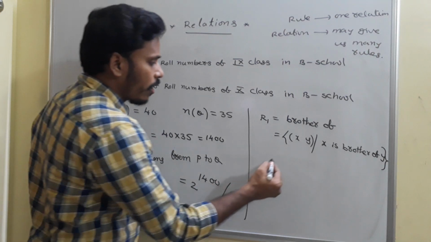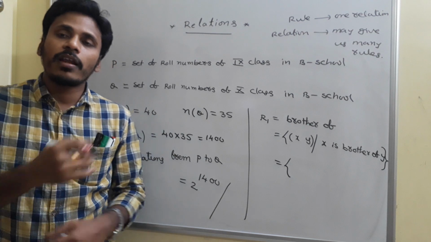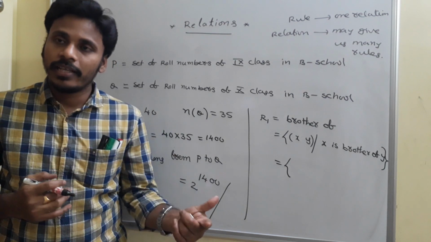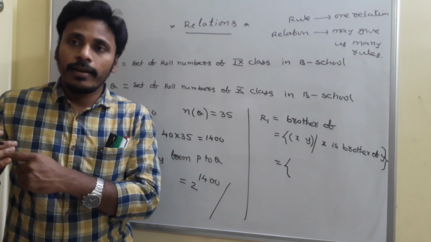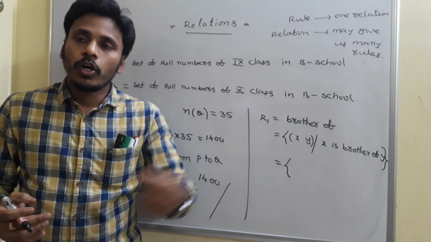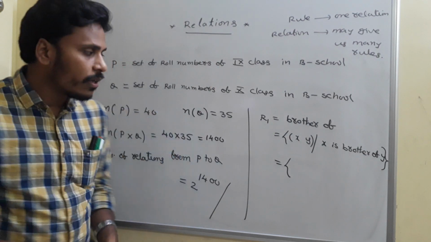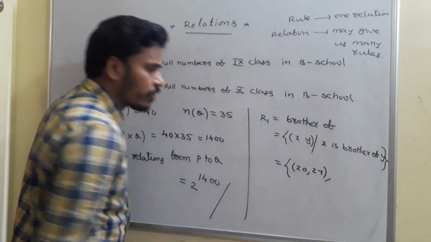And you need to think, here I don't have to write the elements. For suppose you think whether there are any brothers in 9th class and 10th class, you need to collect all those ordered pairs. For suppose roll number 20 of the 9th class is a brother of roll number 27 of 10th class, then you need to collect 20 comma 27. There are such possibilities, right?